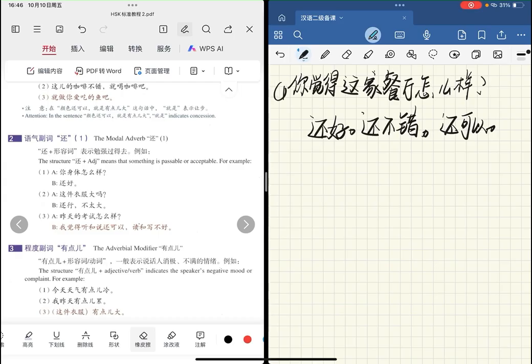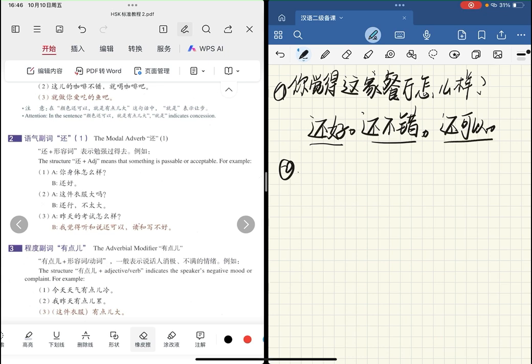Okay, another one. What do you think of this photo? 你觉得这张照片怎么样？And you can use 还 to answer this question. We can say 还好, 还不错, or 还可以.